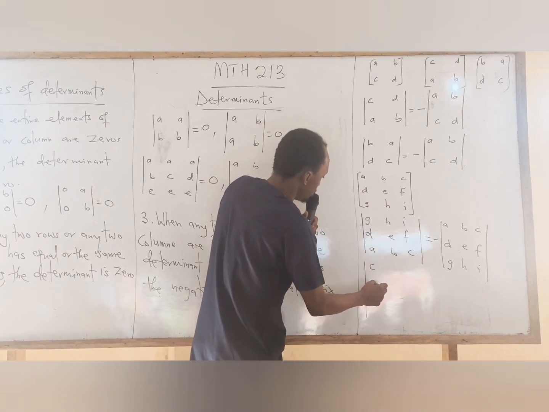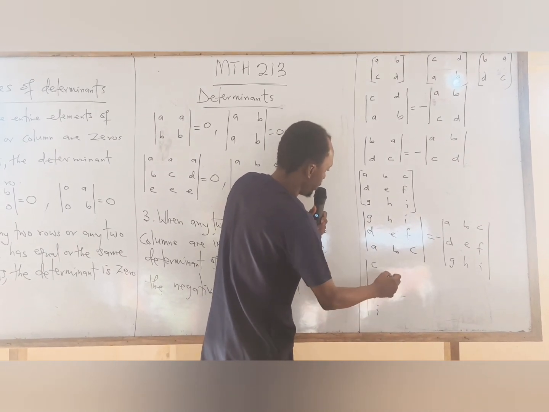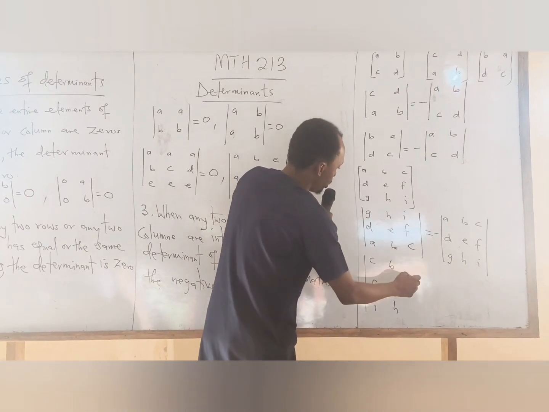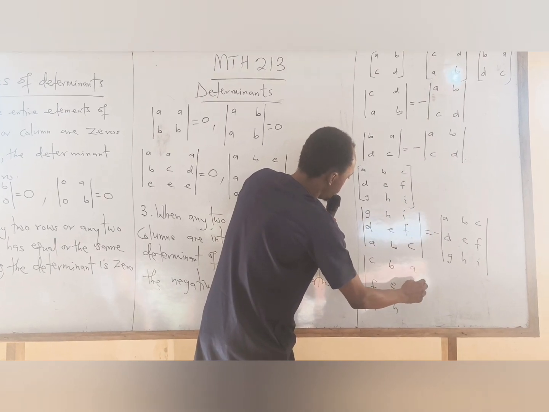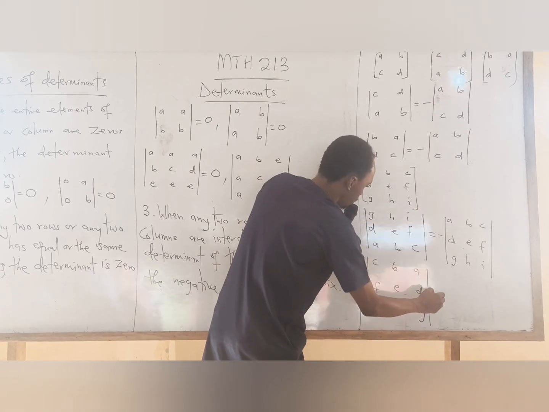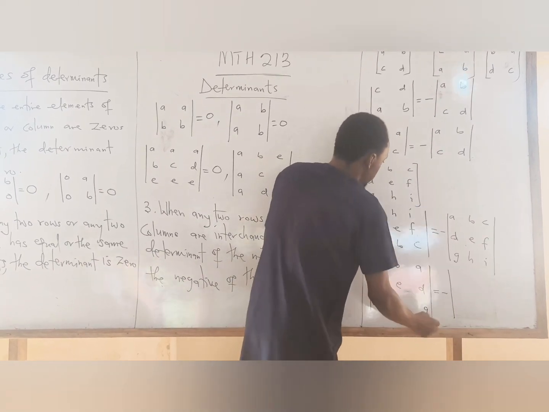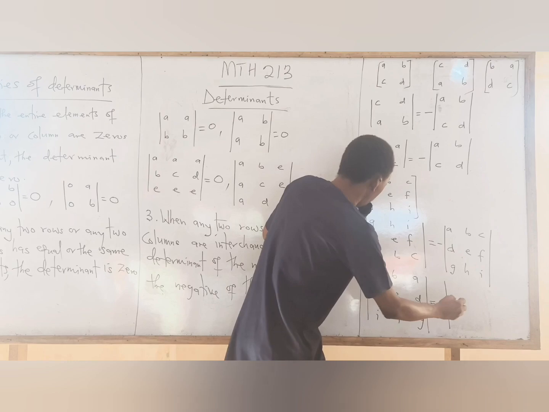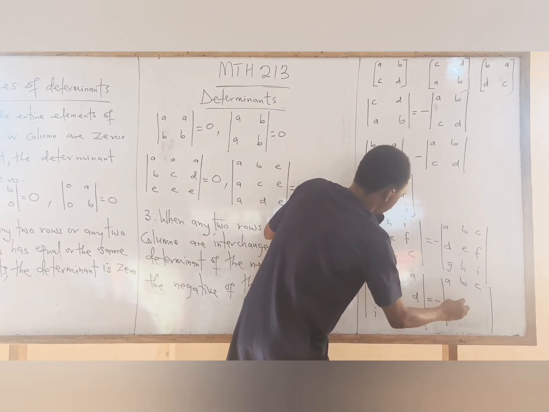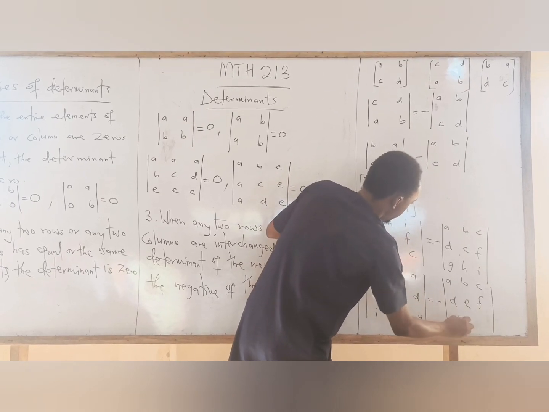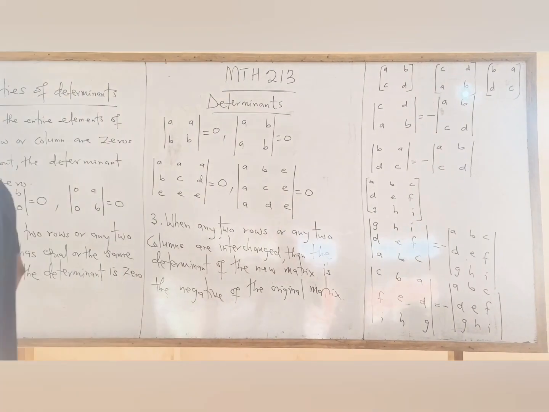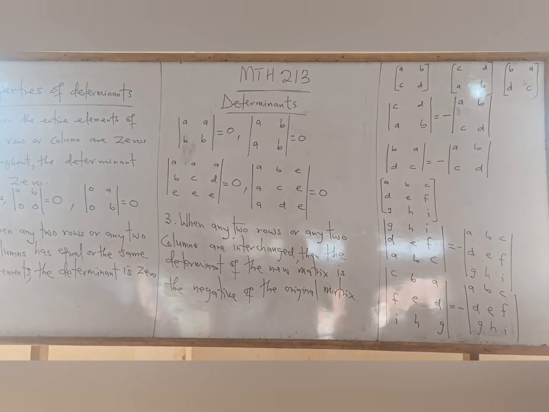So bring C, F, I here, maintain B, E, H, and send this one here: A, D, G is equal to the negative of the original. And our original is A, B, C, D, E, F, G, H, I. Any question?